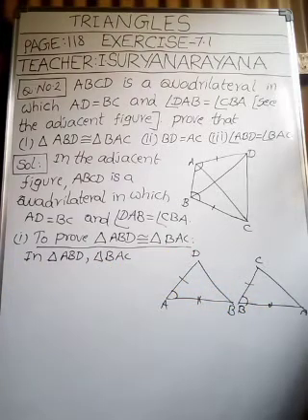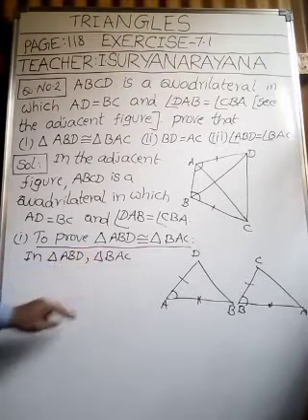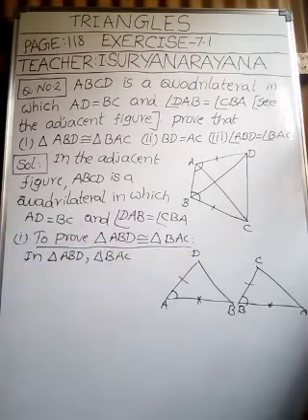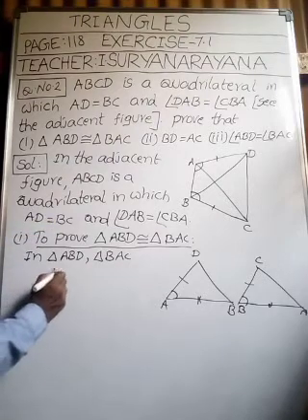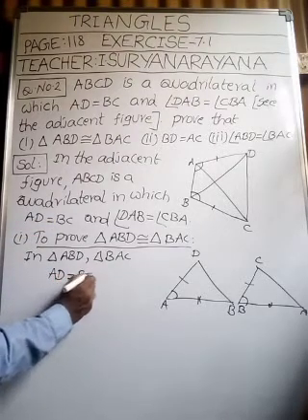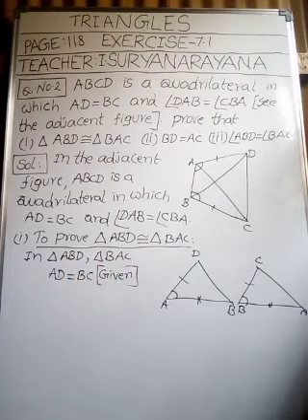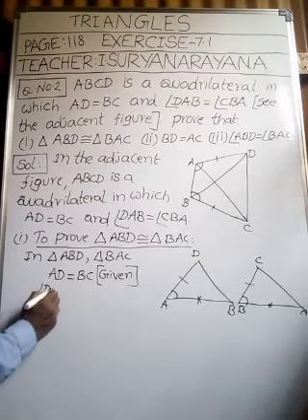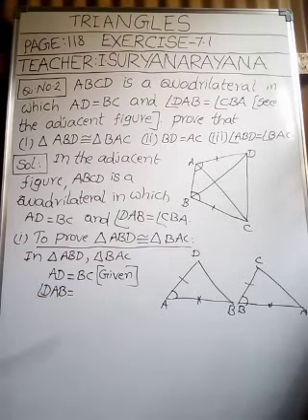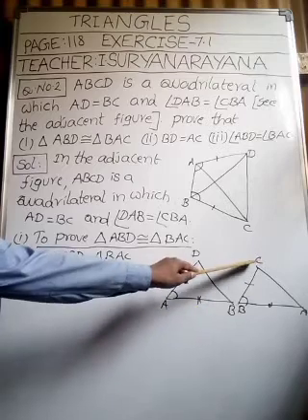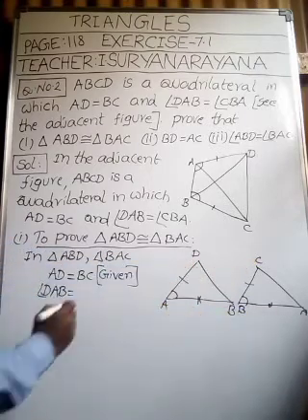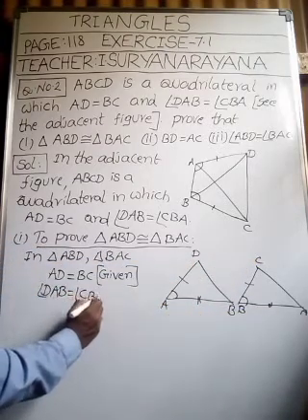Okay, my children. Now, what is compared here? AD equal to BC. It is given in the question itself. Angle DAB equal to angle CBA.